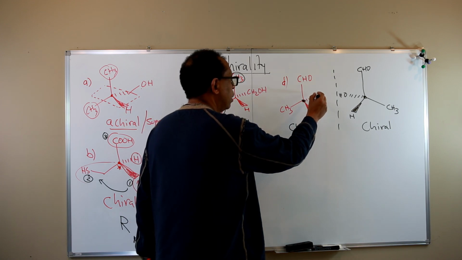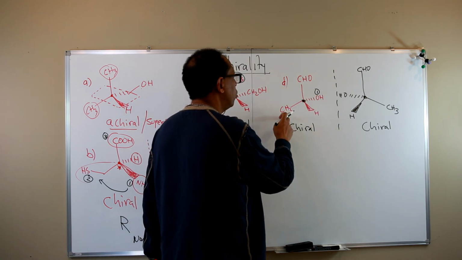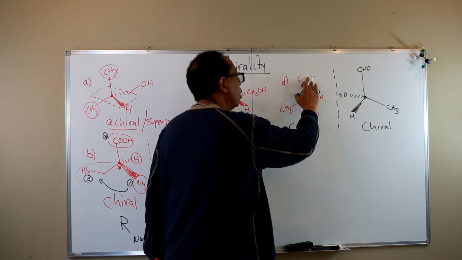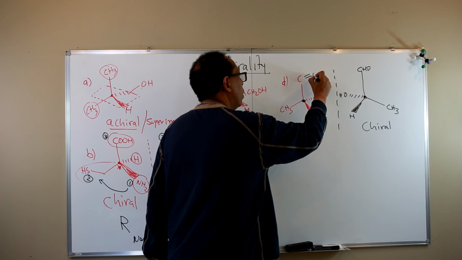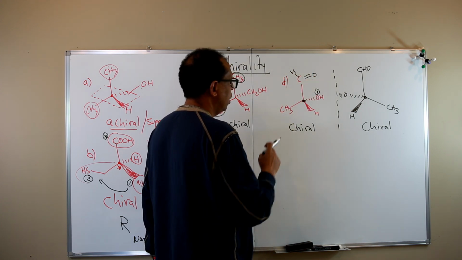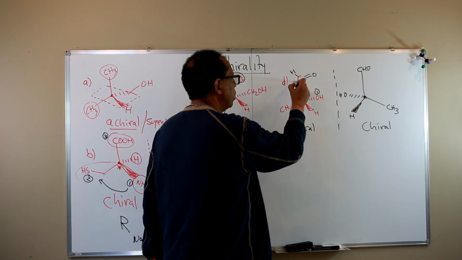This molecule: priority 1 is this group, priority 2 would be this group, because this CHO is actually attached like this, C-O-H, so carbon oxygen than carbon hydrogen. So the priority would be 2.